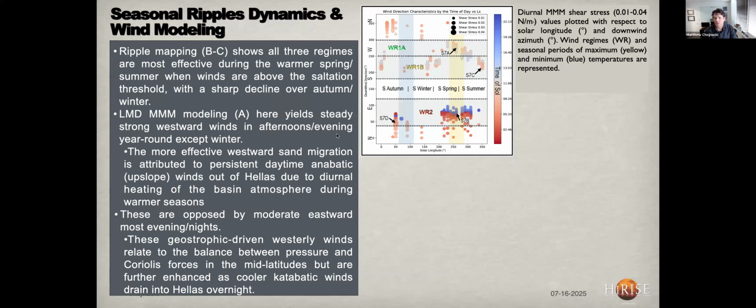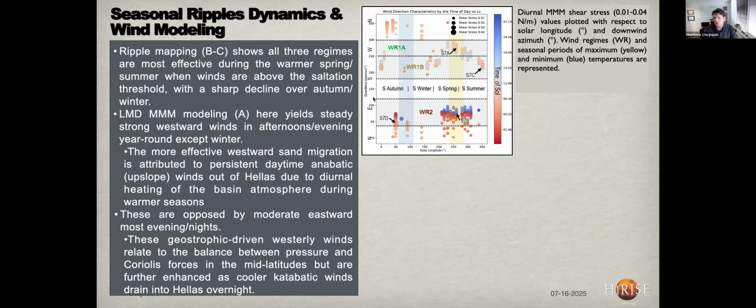And you can kind of see the seasonal variations in this plot, which again is showing solar longitude across the bottom. So it progresses from left to right as you go through a Martian year, while the azimuth of the mesoscale modeling results at the Hellespontus sites is shown here.